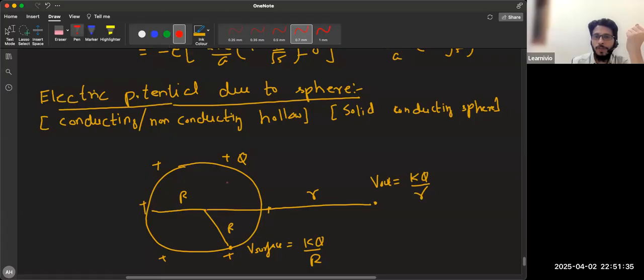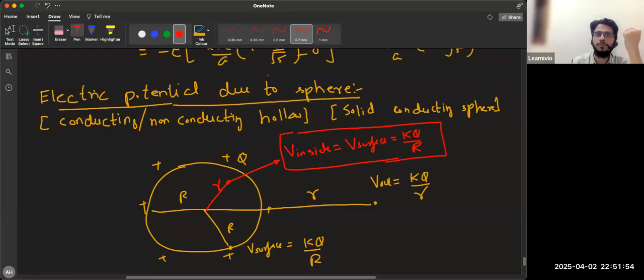Inside the sphere, field is 0, but V inside is exactly the same as that on the surface, and its value is kQ by capital R. So potential inside the sphere is equal to potential on the surface, which is kQ by R. And this is the value at the center also, because the center is also inside the sphere.